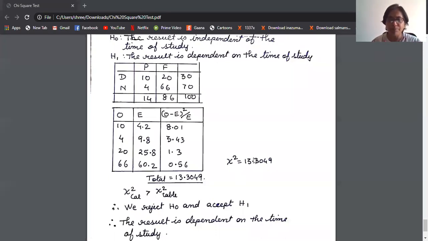Okay. So one sum, for maybe 6 marks, 8 marks, or maybe 10 marks also, is guaranteed in the exam. If it is a 10-mark question, then they will add a theory question along with it: what is chi-square, or explain chi-square, and then solve the sum.